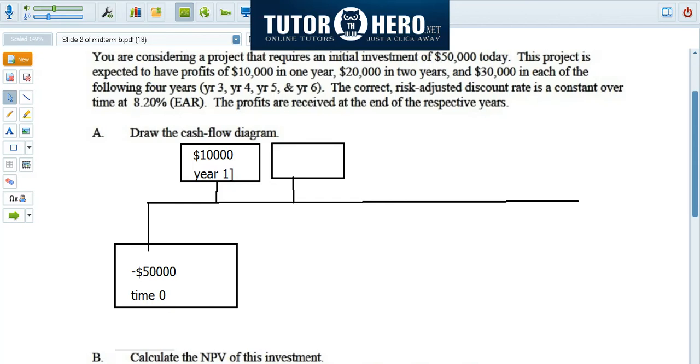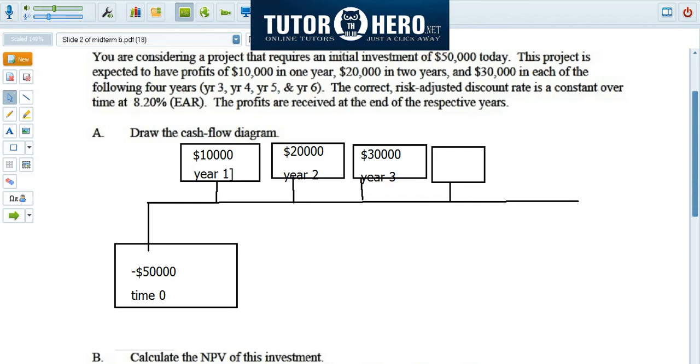So we're going to put another box here, and we're going to indicate that $20,000 will occur at year 2. And what happens after that? Well, in year 3, we're going to get some cash flows as well. In year 3, what are you going to get? They tell us in the problem that you're going to get $30,000. And similarly, for years 4, 5, and 6, we want to go ahead and put it all on the graph so that when we're going through the next part of the problem, we're not confused at all about how the cash flows are coming into the problem.